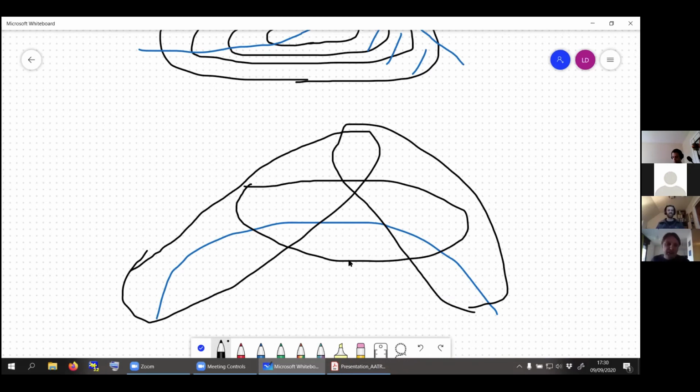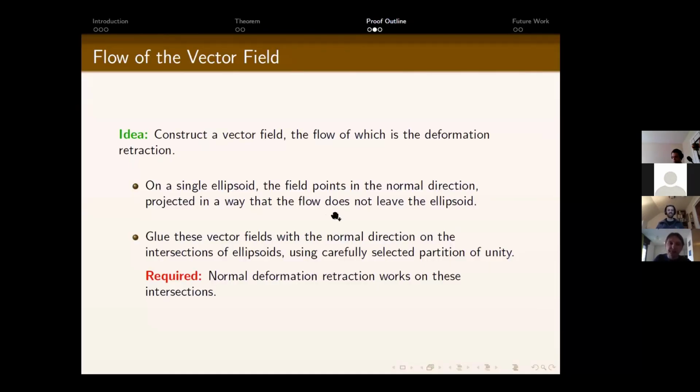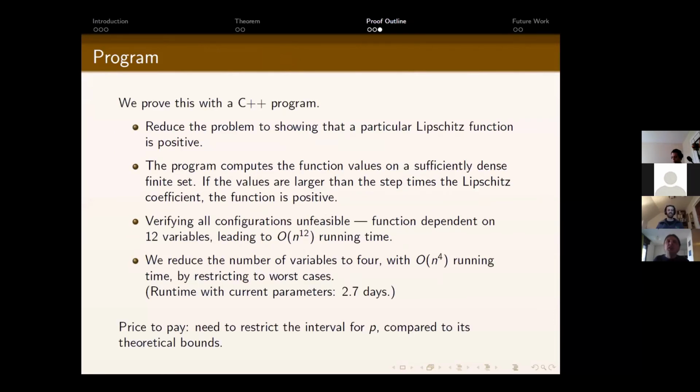Okay, so this didn't work, and what we then did instead was write a C++ program. What we're trying to prove is that the entire normal projection, the entire line segment, is always covered by a single ellipsoid if we start with a point in that intersection.